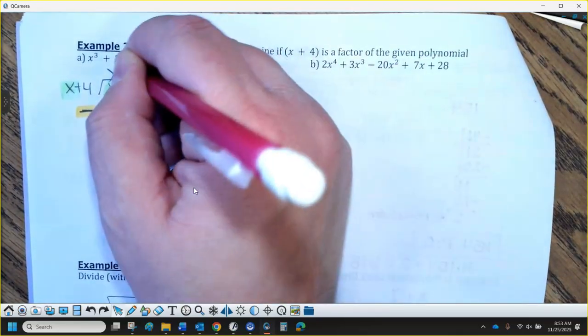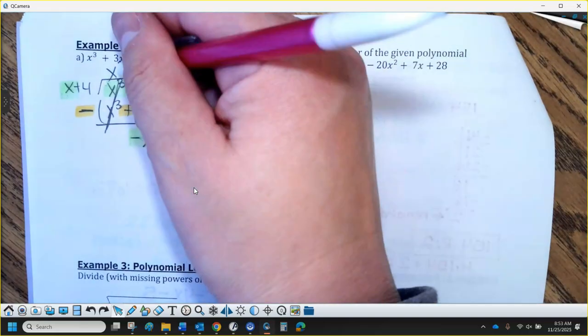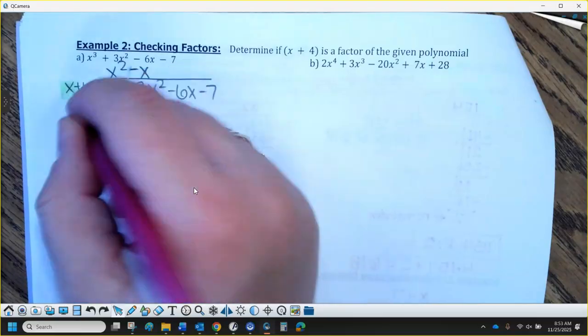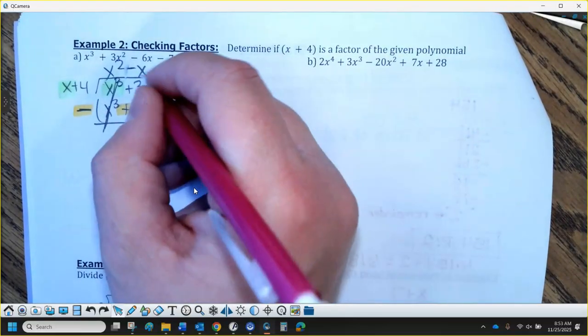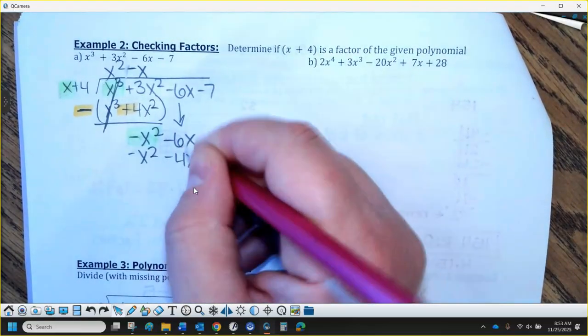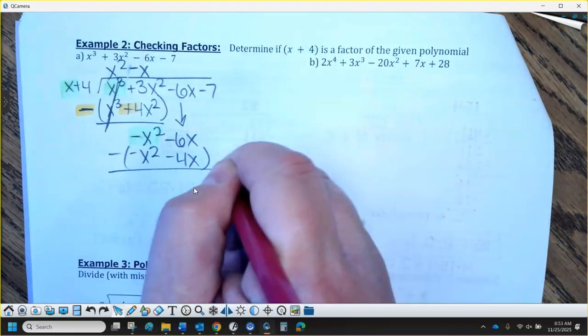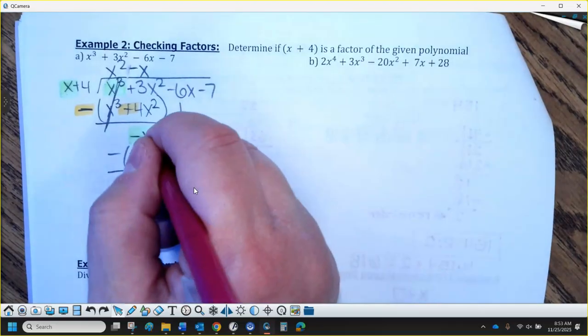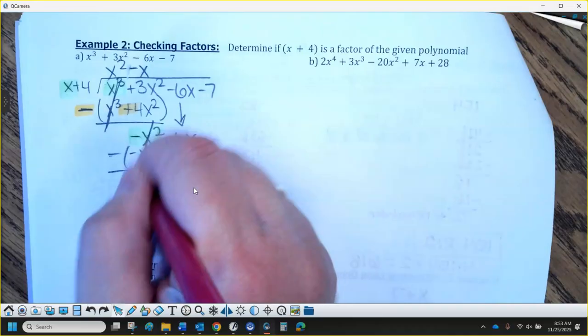This is negative, so you have to have negatives. So it's just minus x that you're going to put on the top. Sorry, that looks like it connected to my exponent there. Okay, now negative x times x is negative x squared. Negative x times 4 is negative 4x. And I always put whatever I get as my result in parentheses because you have to distribute that subtraction sign. Now, negative x minus a negative is really plus, so it goes away.